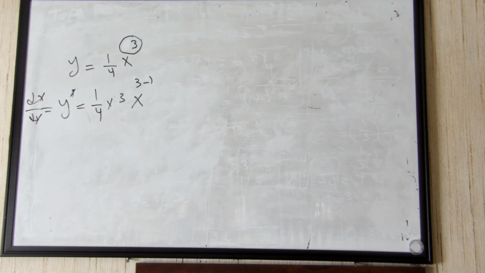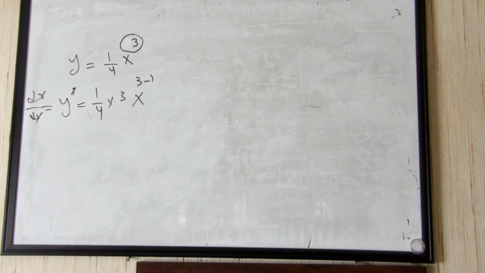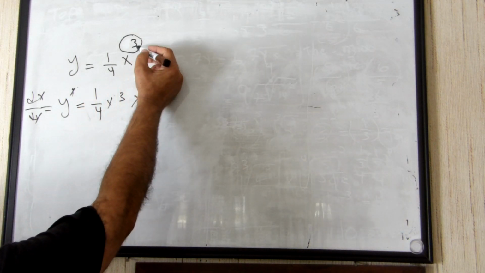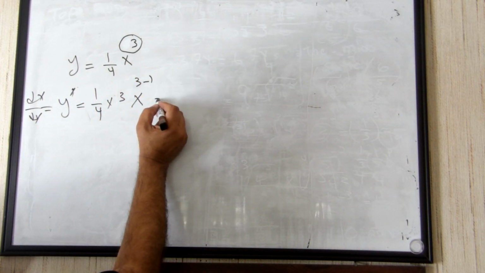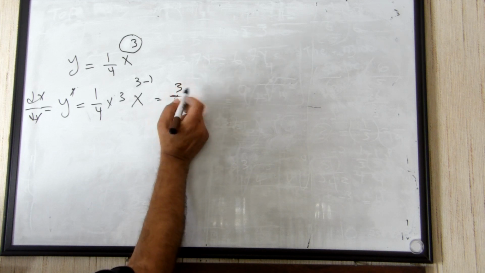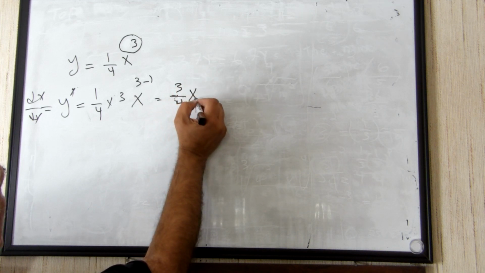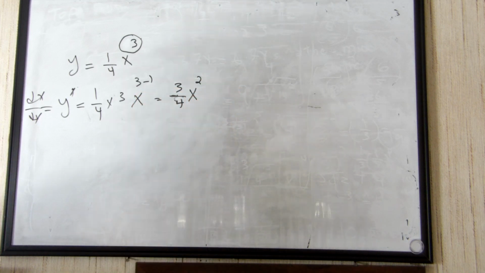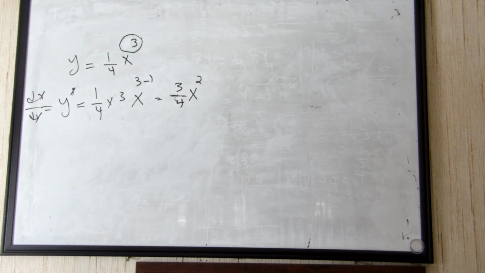We add the exponent minus 1 to it. So in derivative, we add minus 1 to it. So it's going to be 3 over 4, okay, times x. 3 minus 1 is going to be 2.